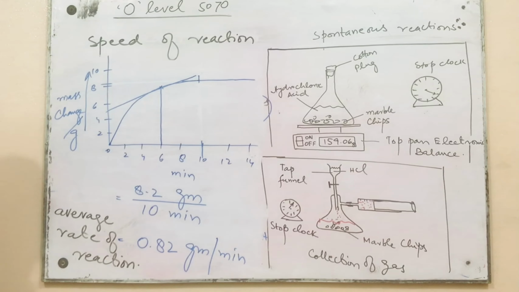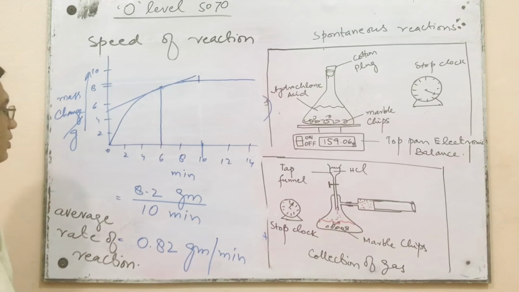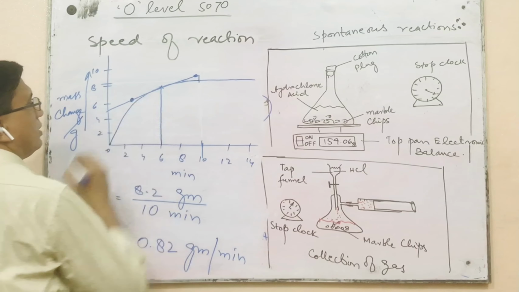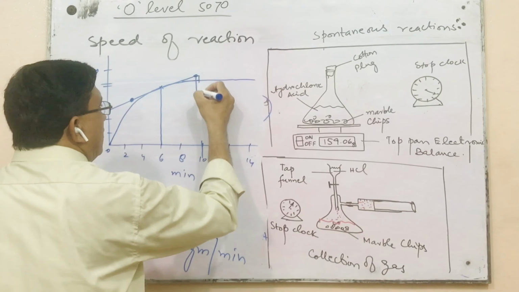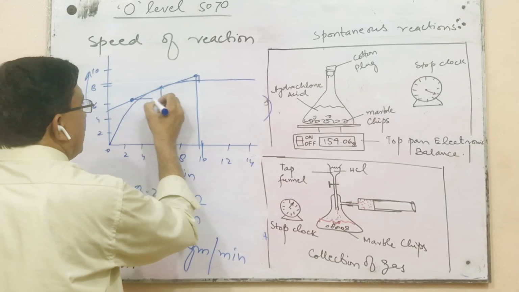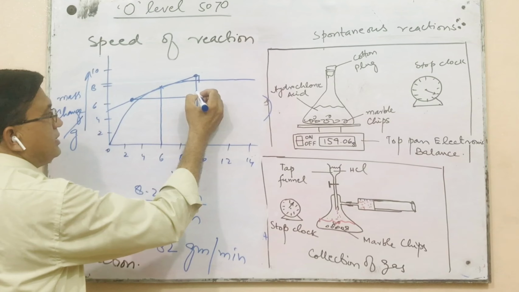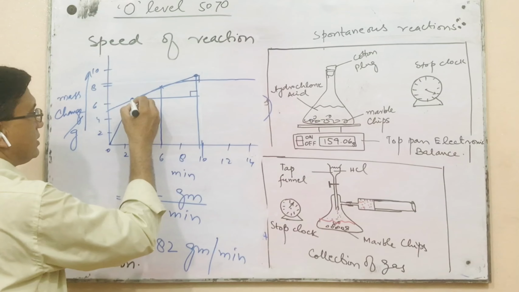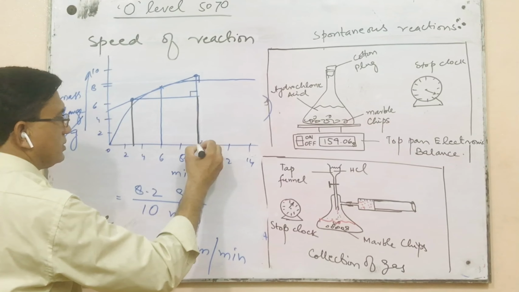A tangent is a straight line touching the curve from outside. Now, we will select 2 points above and below the point of tangent and then draw a right angle triangle at this point. Now, this is a right angle triangle.